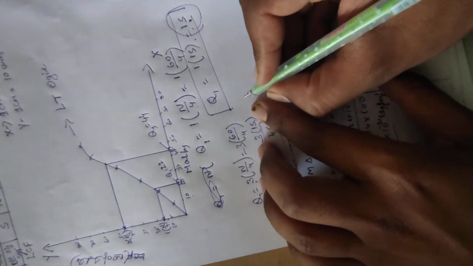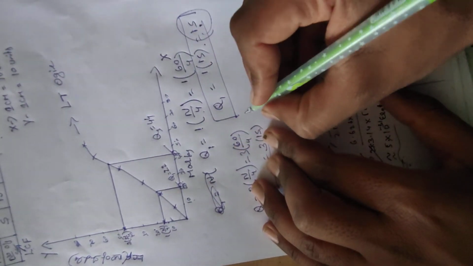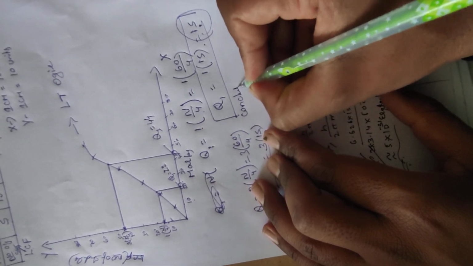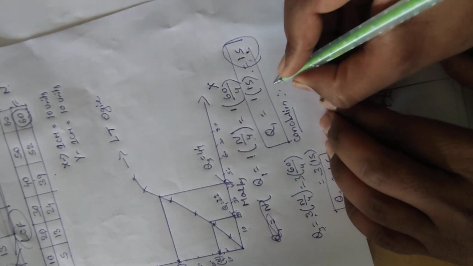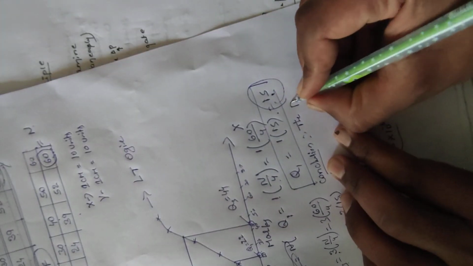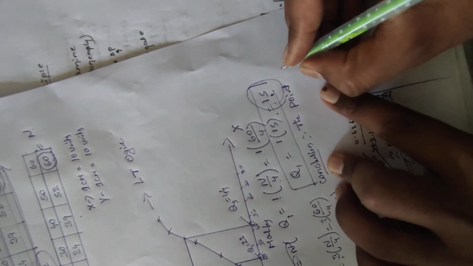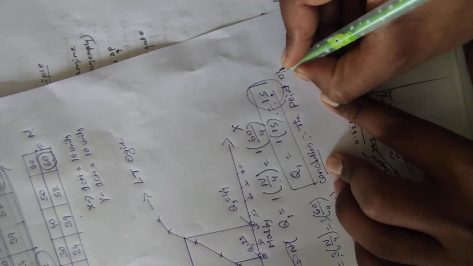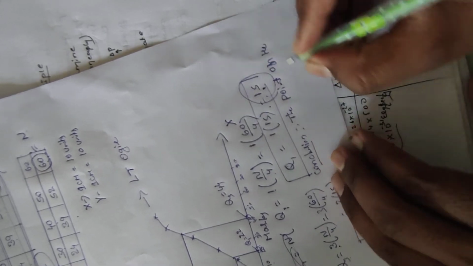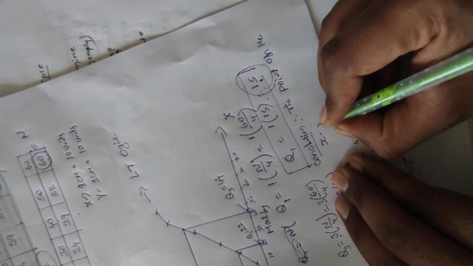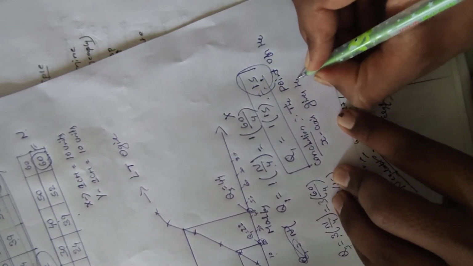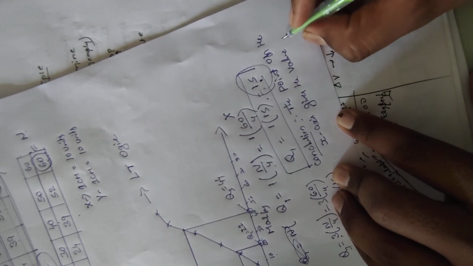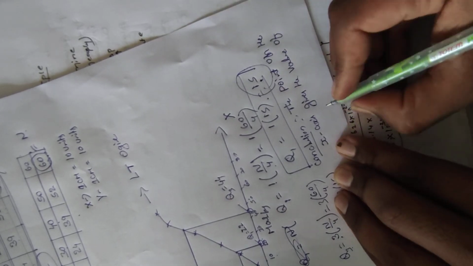Okay students, finally you should give a conclusion here. For Q1 the conclusion is: the point on the x axis gives the value of Q1.